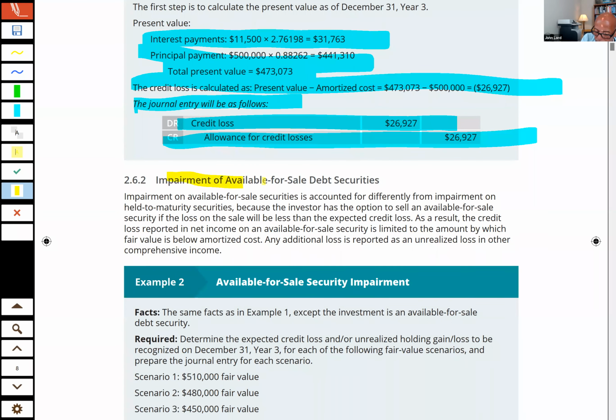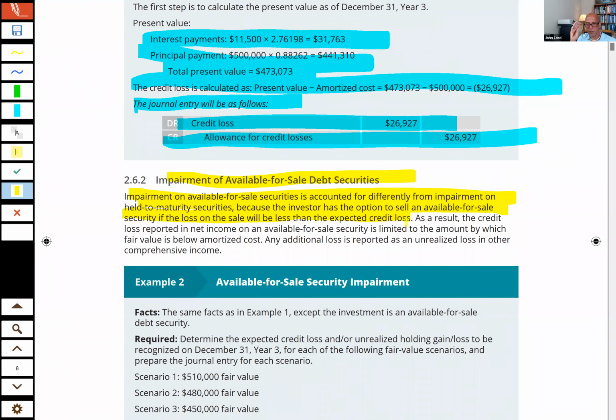Okay, now, if it is available for sale, it's accounted for differently because the investor has the option to sell the available for sale security if the loss on the sale will be less than the expected credit loss. So you figure out the credit loss and you say, well, wait a minute, if I wait, I'm going to suffer this credit loss. Screw it, I'm going to sell it now.